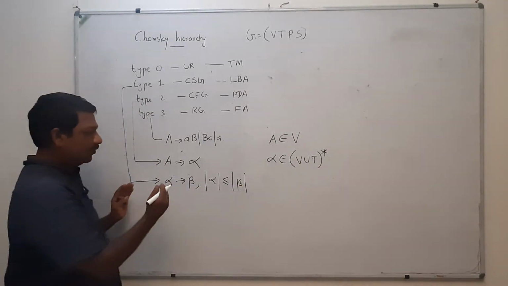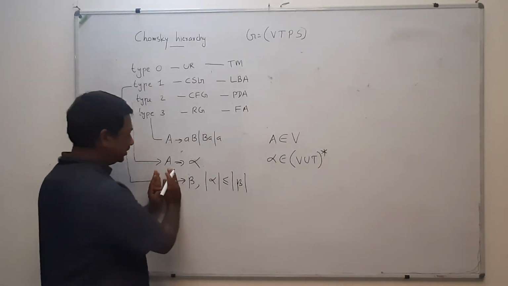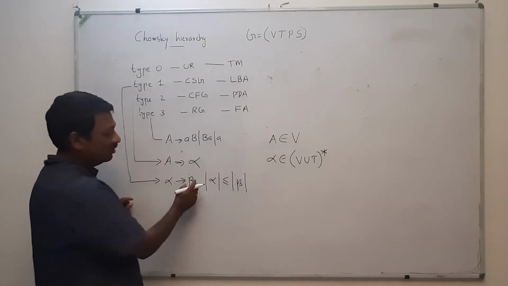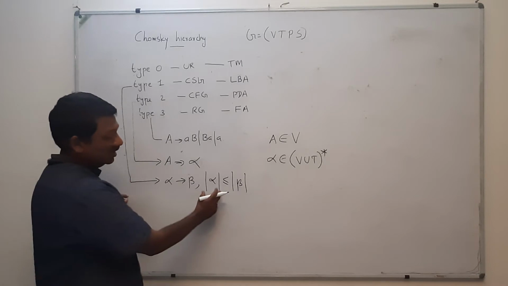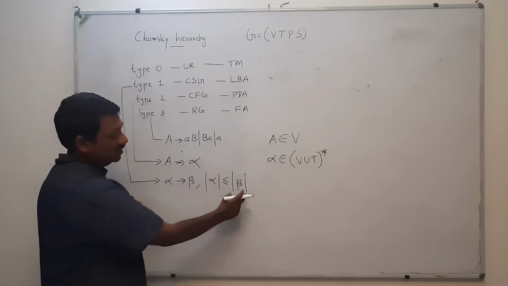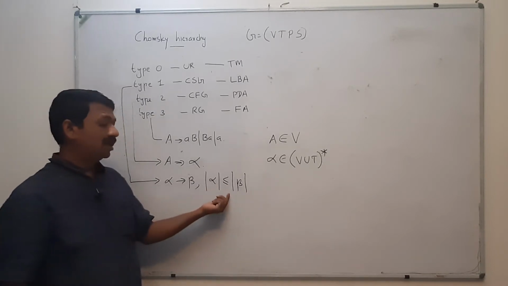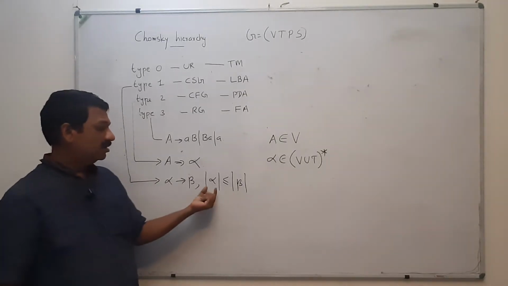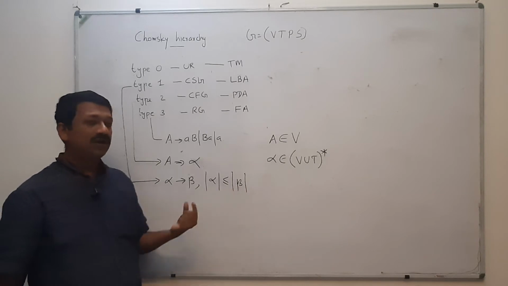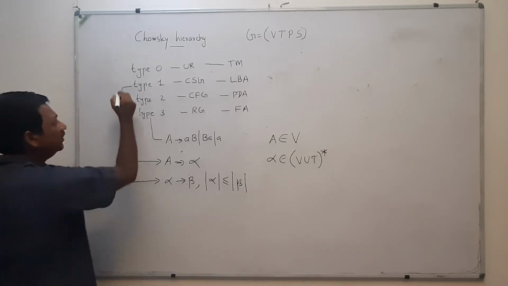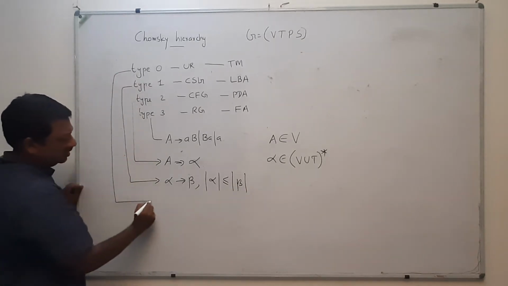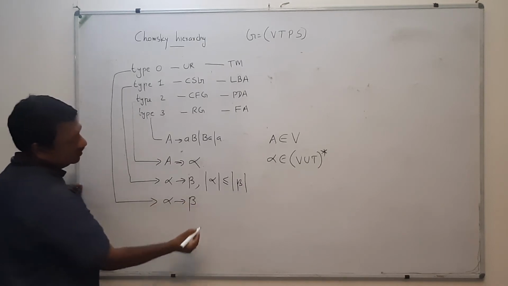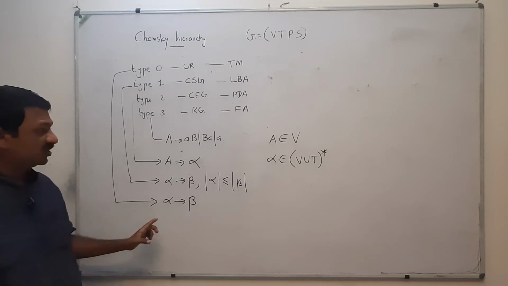But if you calculate the length, that means the number of symbols on the left hand side and on the right hand side, the length of the left hand side is less than or equal to the length of the right hand side. And type 0 grammar is unrestricted, alpha derives beta. That means there is no restriction.